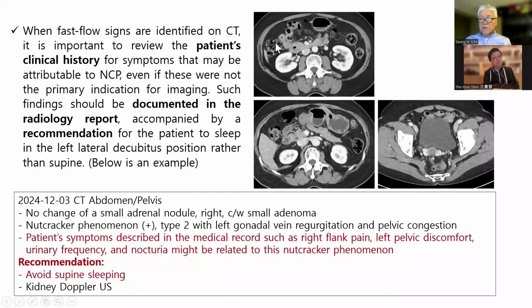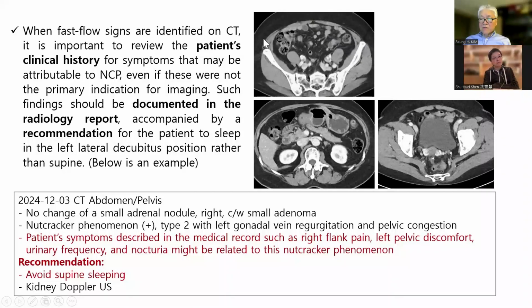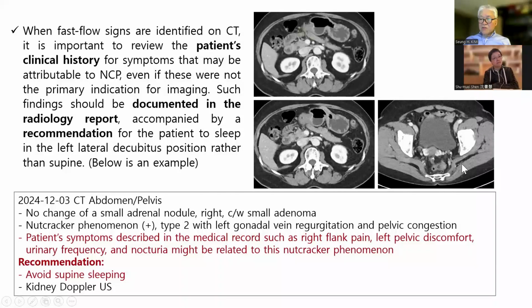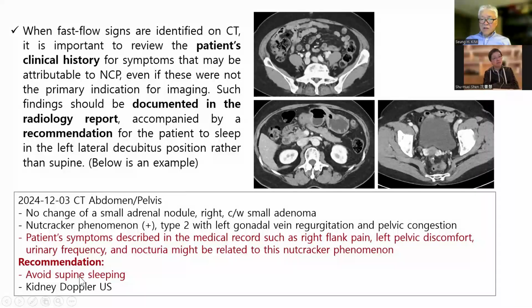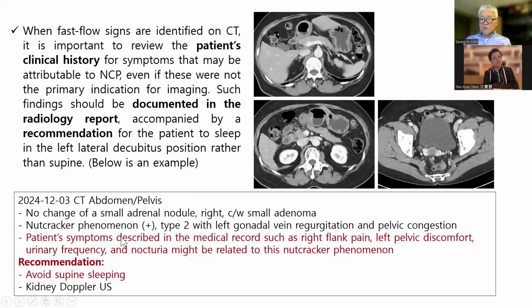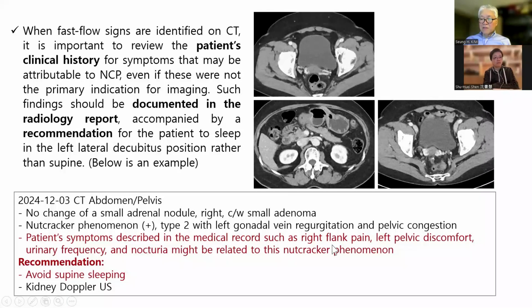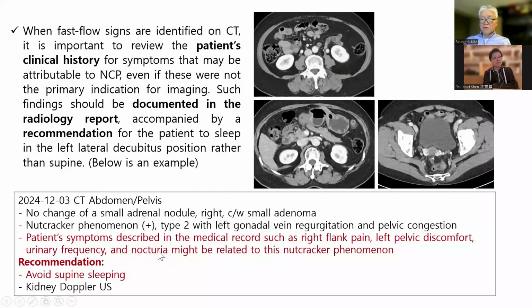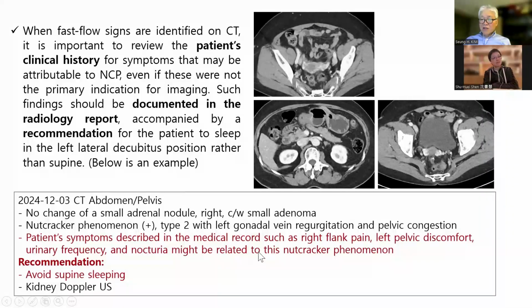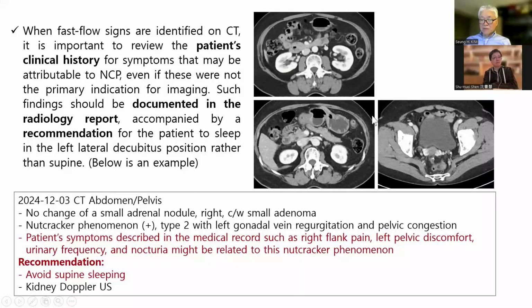And because we see the Nutcracker phenomenon and the pelvic congestion in the CT scan, we suggest that this patient's symptoms described in the medical record, such as flank pain, pelvic discomfort, urinary frequency, nocturia, might be related to this Nutcracker phenomenon.